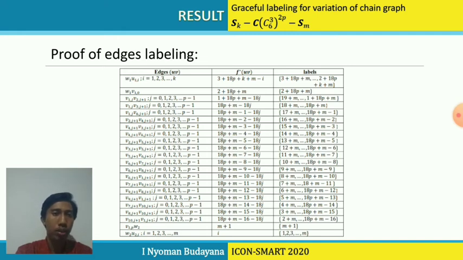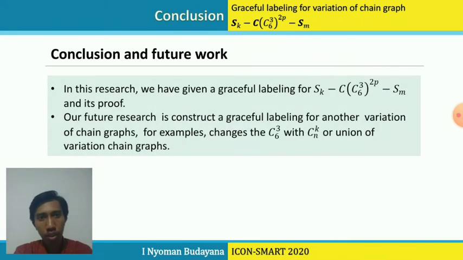So this is a bijection because every edge has a different label. So we get the conclusion that a variation of chain graph S_K chain of 2P C6 S_M is a graceful graph.